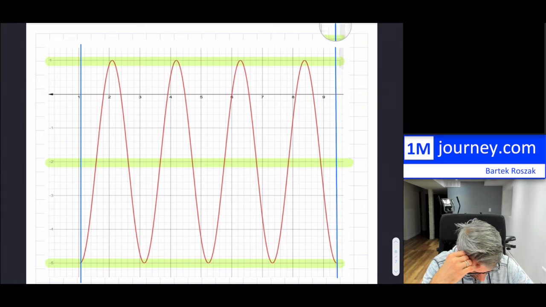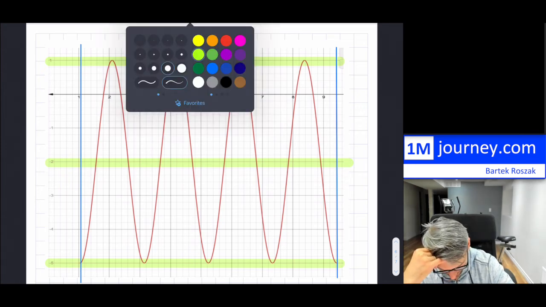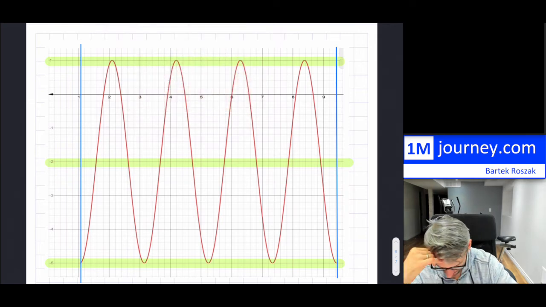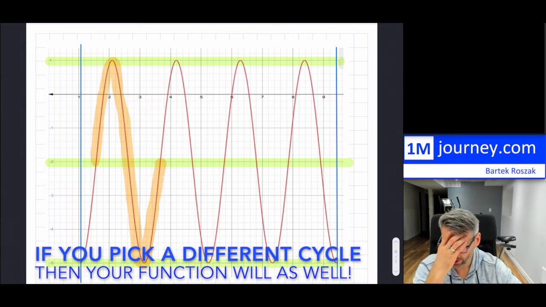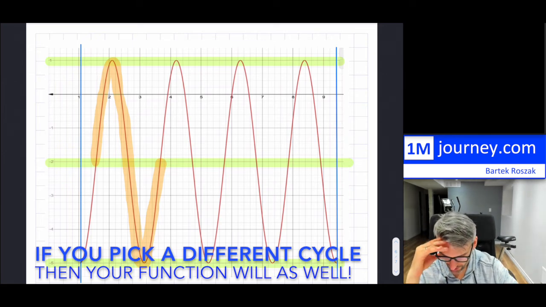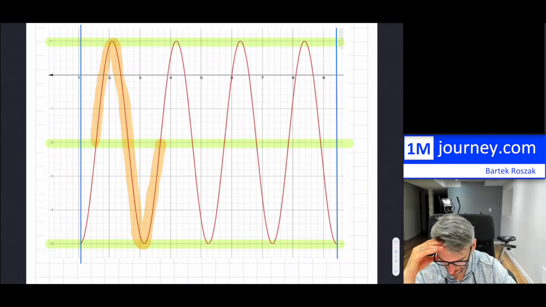I'm going to pick a convenient one, so let's take this one. It's going to be 1 sine. That's going to be my starting point, and from here I'm going to try to find everything that I need.